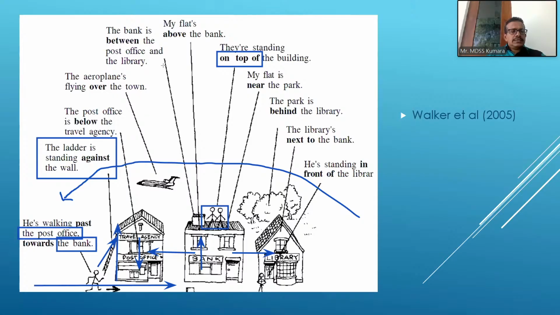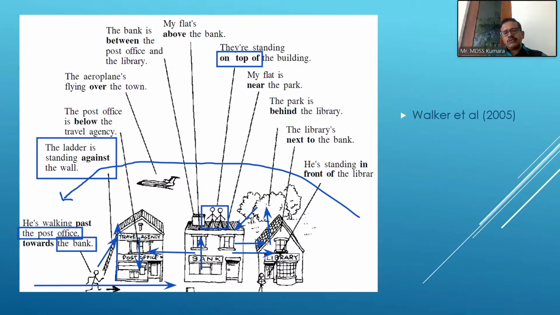My flat is near the park. The park is behind the library. The library is next to the bank. Next to is also a compound preposition.